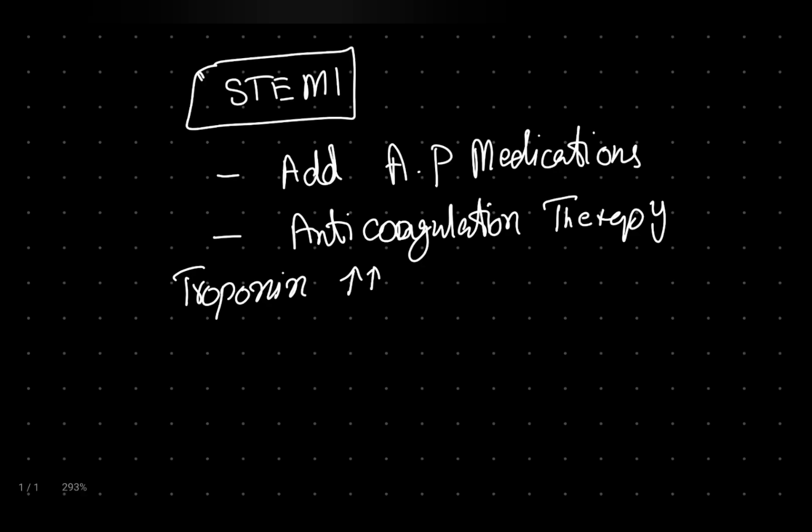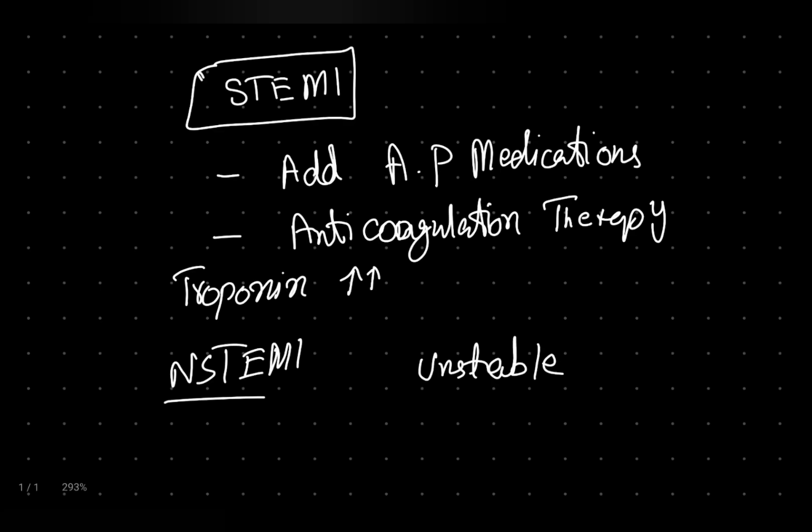If ECG shows ST depression and T wave inversion and the troponin level is increased, then it is NSTEMI. If the ECG shows ST depression and T wave inversion but troponin is normal, then it is unstable angina.